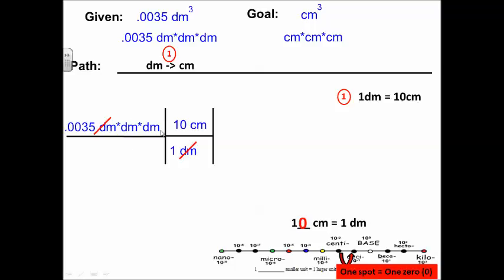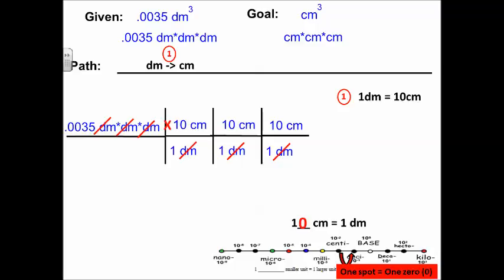So we just do the exact same thing one more time. Decimeter on bottom, 10 centimeters on top, and decimeters cancel out. But we still have this 1 decimeter left over here that we need to get rid of. Well, we had so much fun doing that the last 2 times, let's just do it again. 1 decimeter on bottom, 10 centimeters on top, decimeters cancel out with decimeters.